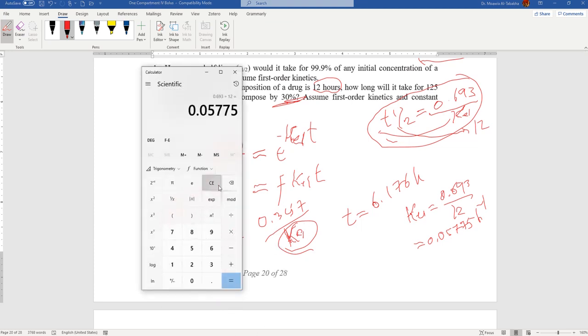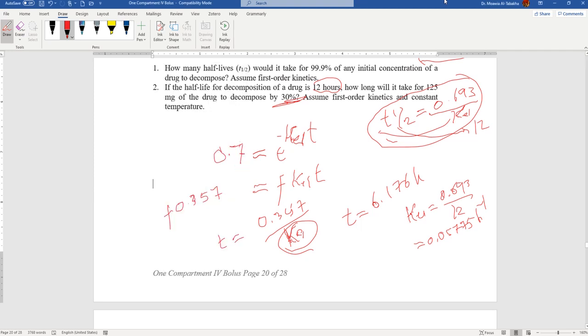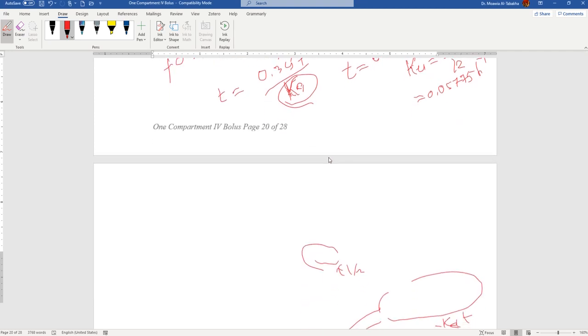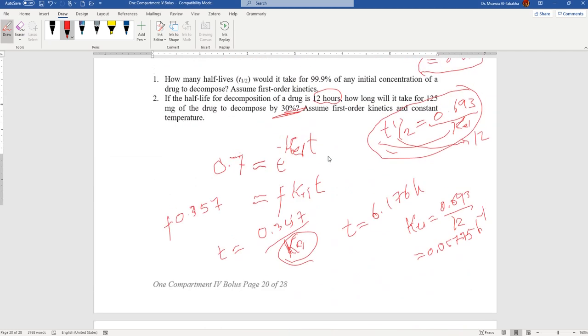We'll use it here: 0.357 divided by 0.05775, okay, and you will get برضو a similar number, 6.18 hours. Okay, so these are the two ways to solve the question.